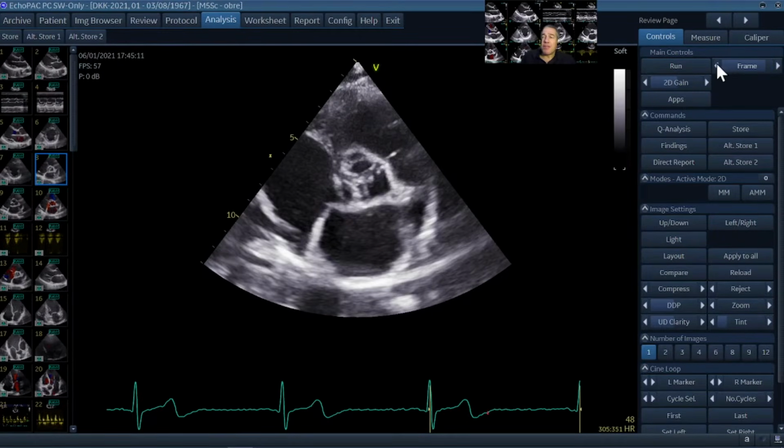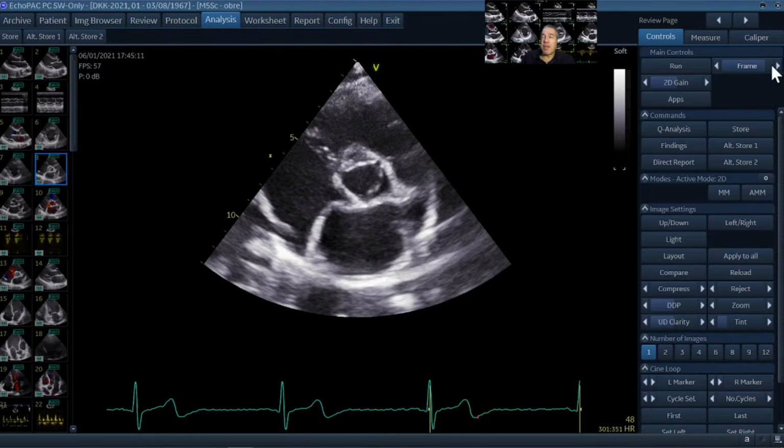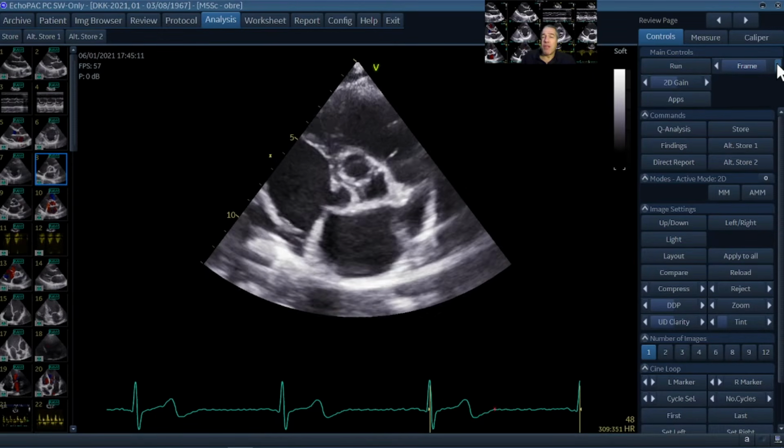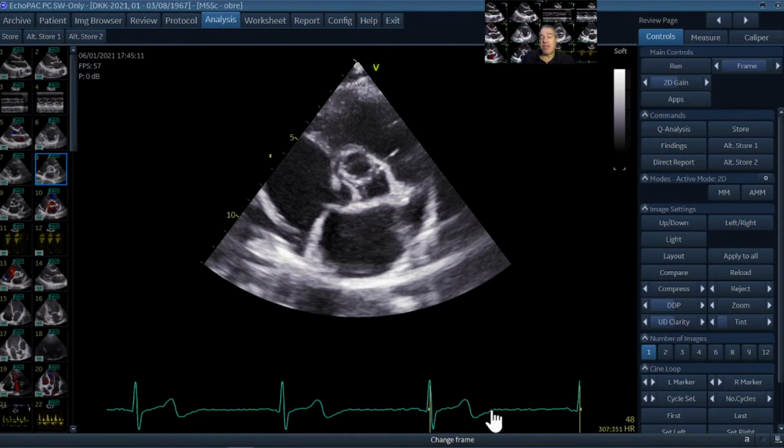Let's go back and forth, frame by frame. If I stop here, you see in the ECG my marker is somewhere after the T wave, so I'm about end systole, or early diastole, and the aortic valve is closed.